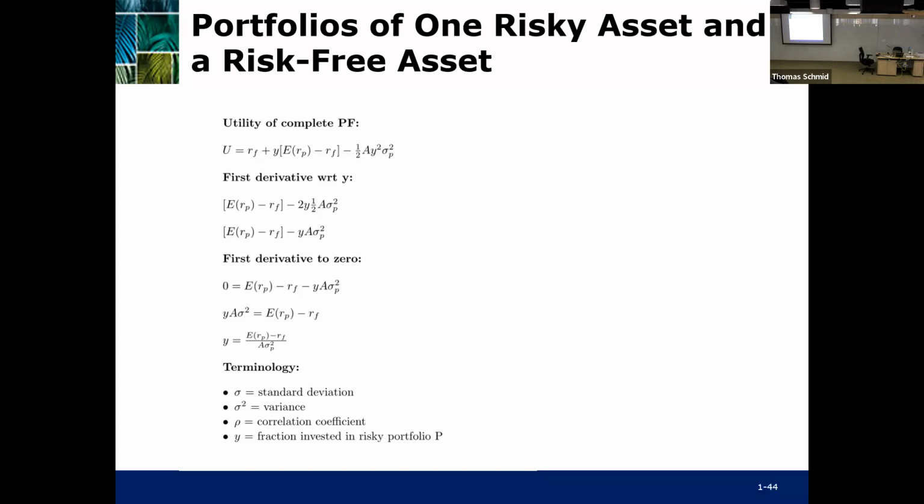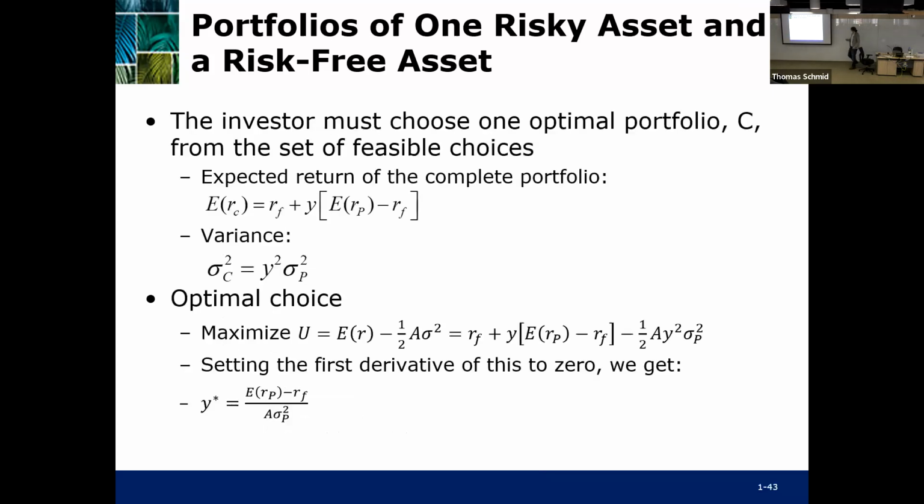From here it's really just restatement. So let me go back one slide because there we can see it a bit larger. What is now the economic interpretation of that? Or in other words, does this make any sense? Well, this tells us that the optimal fraction that we should invest in the risky portfolio increases with the risk premium.